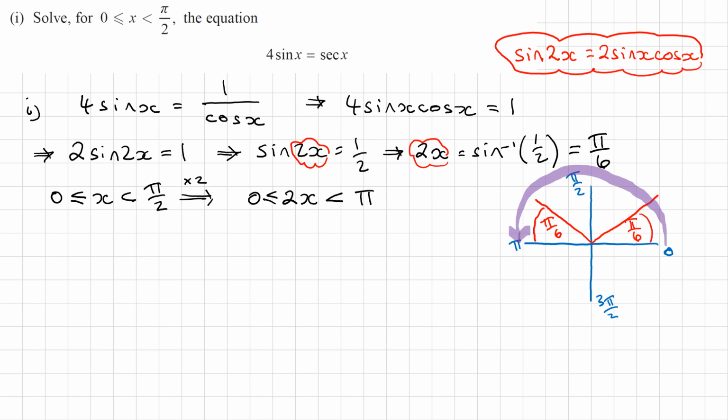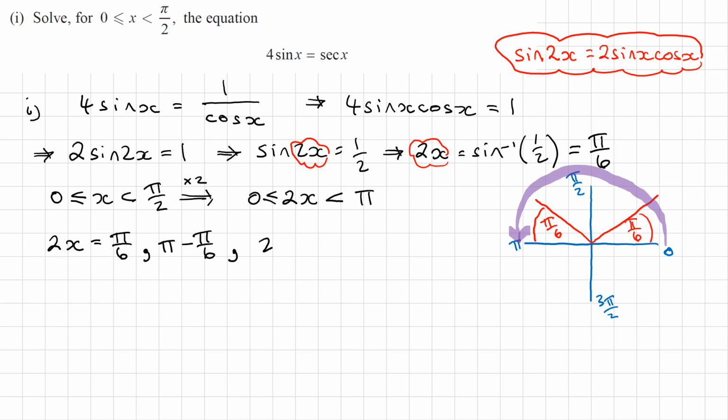I've doubled it. So what I've got so far is that 2x can be pi over 6. That's the principal solution. And then from my CAST diagram, my other solution is going to be pi minus pi over 6.